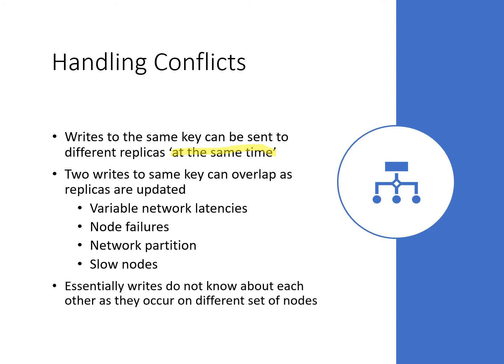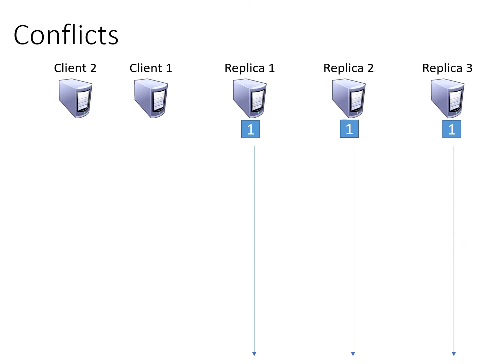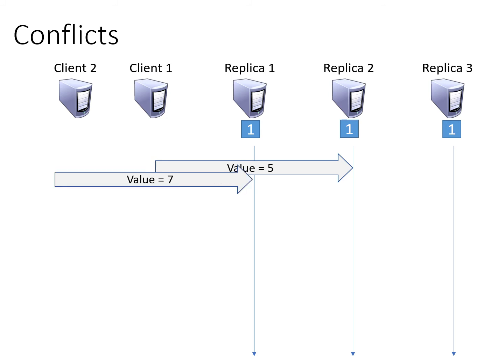Let's see how this works. So again, we have our normal situation: 3 replicas, a value of 1 for a particular database object, and 2 clients. Client 1 writes the value of 5 to replica 1, and at essentially the same time, maybe slightly after, client 2 writes the value of 7 to replica 1.